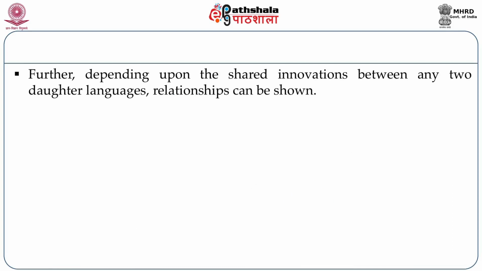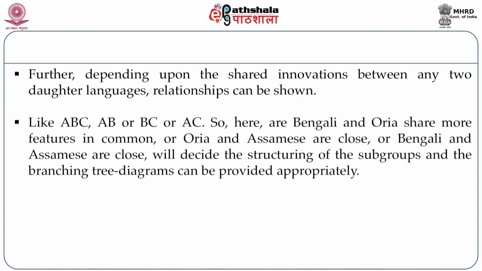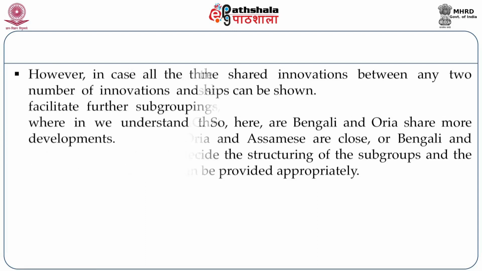Further, depending upon the shared innovations between any two daughter languages, relationships can be shown, like ABC, AB or BC or AC. So whether Bengali and Odia share more features in common, or Odia and Assamese are close, or Bengali and Assamese are close, will decide the structuring of the subgroups, and the branching tree diagrams can be provided appropriately.